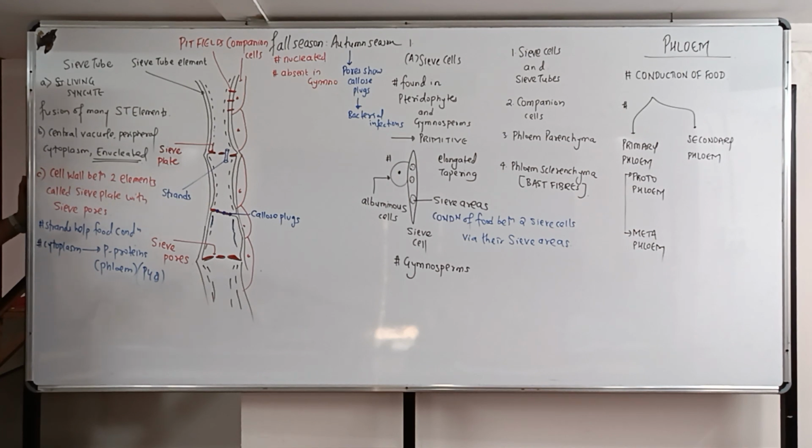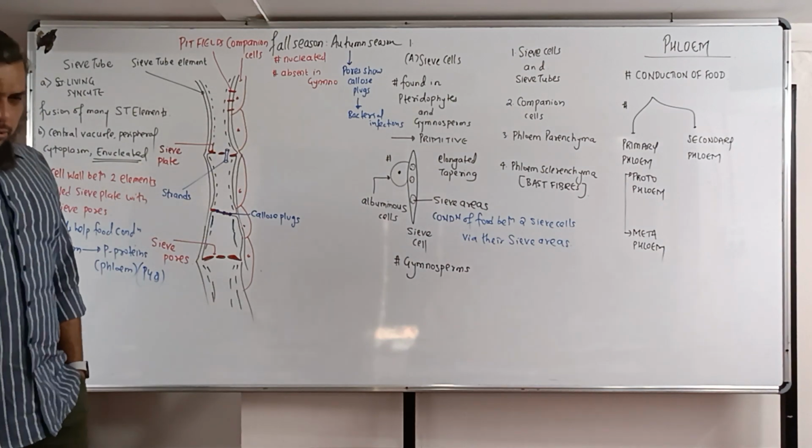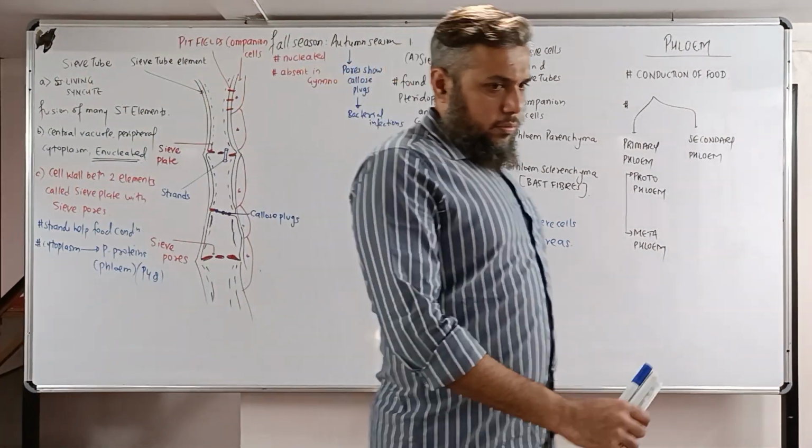Turgor pressure means wall pressure, no? Wall pressure opposes the turgor pressure. Turgor pressure is the pressure exerted by the cell membrane on the cell wall. Okay. Have you studied that part? No. Transport in plants, right? I don't remember it. Okay.